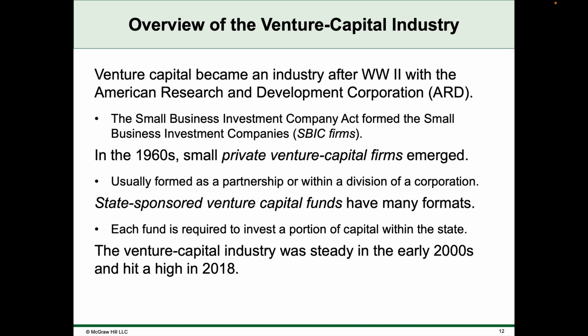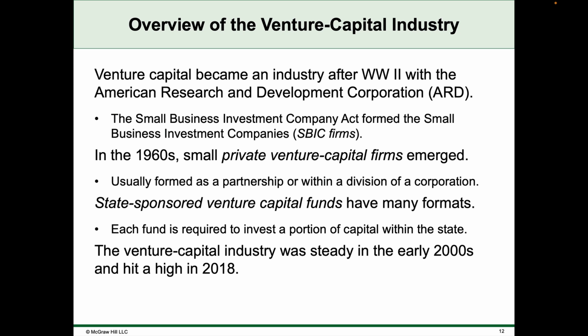The SBIC program was restructured, eliminating unnecessary government regulations and increasing the capitalization required. There are approximately 360 SBICs operating now, of which 130 are minority small business investment companies funding minority enterprises.